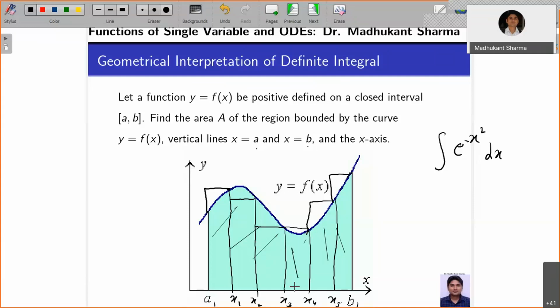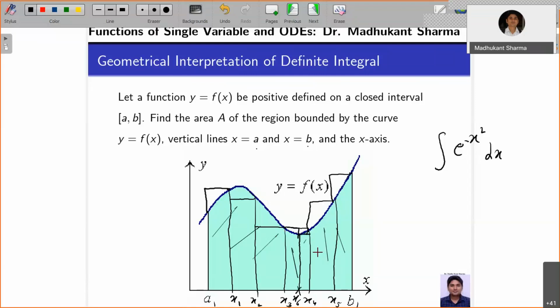But we can't say right now that this approximation is better than the other ones, whatever other combination you take. We can't say. What you can do is still increase one more point here, let's say x6, so then you will have a point somewhere here, and another one, a smaller one.